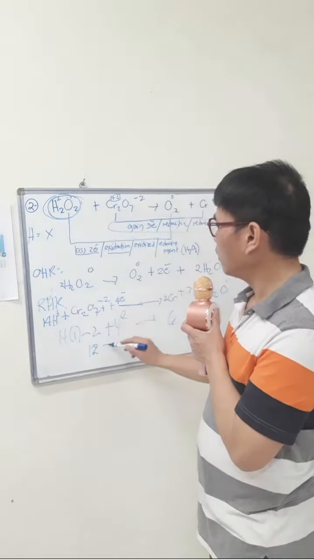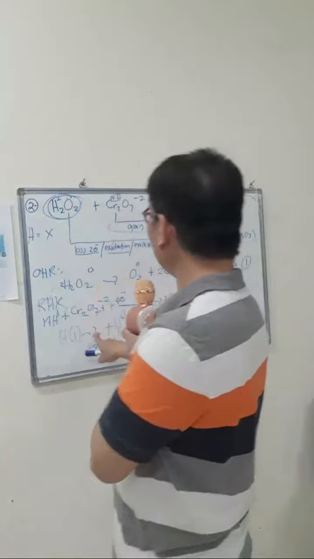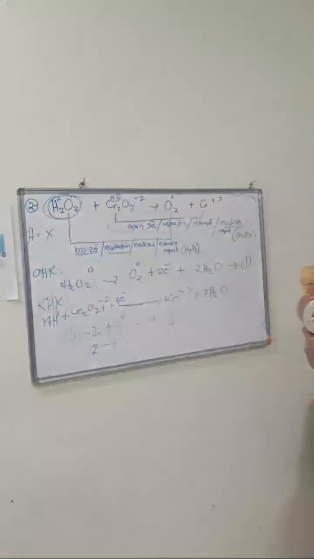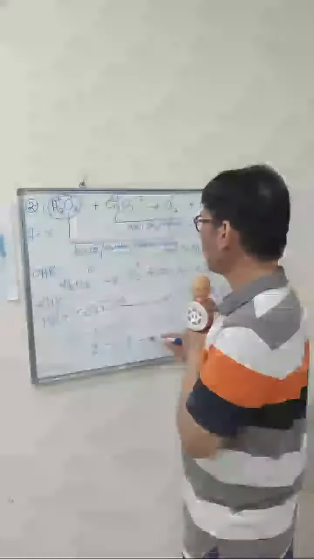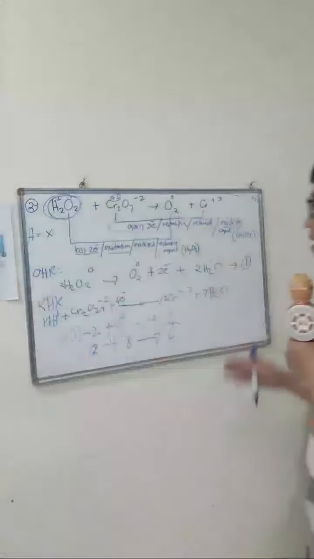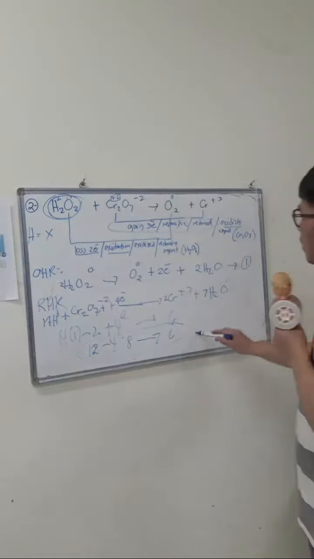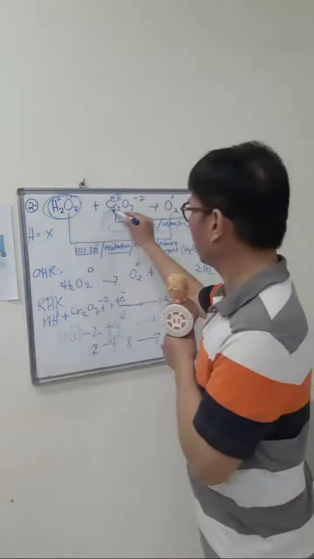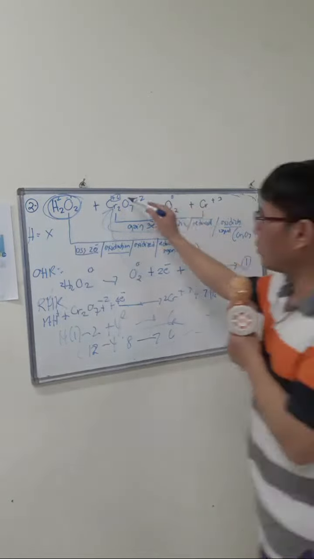And then 12 minus 4 is 8. So this is not yet balanced also. Okay? Now, if in this case not balanced also, by default, you need to review your oxidation state here. Okay? Because there's no other choice. There will be something wrong with your charge here.